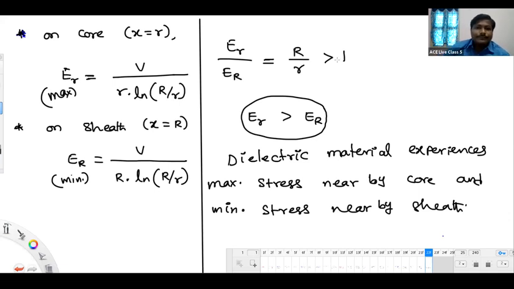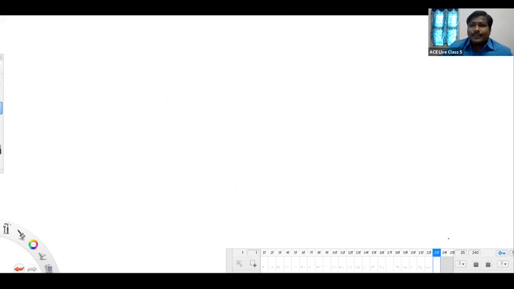Okay? That's the meaning. Now we will see how the field intensity is distributed in the dielectric material, starting from the core surface to the sheath. Just have a look here.